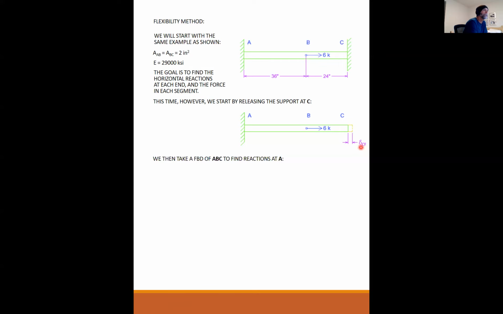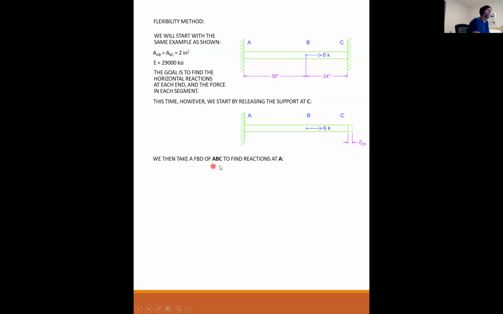So if C is free, that's the deformation you're going to get. Okay, so again, the whole concept is you take something that is a little too complicated to just directly solve. So we're going to break it into 2 bite-sized pieces. The first bite-sized piece is releasing C and solving this as if it was just a free rod.